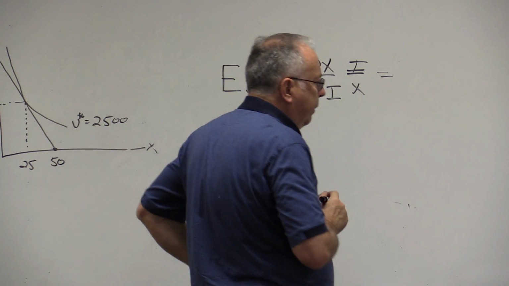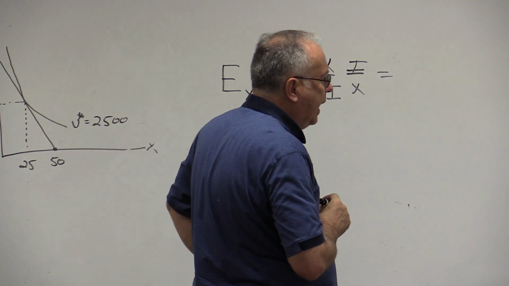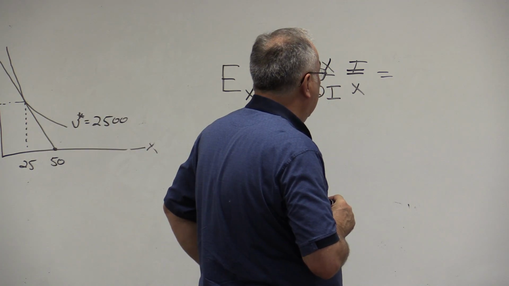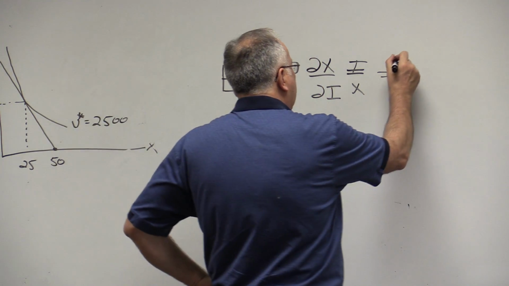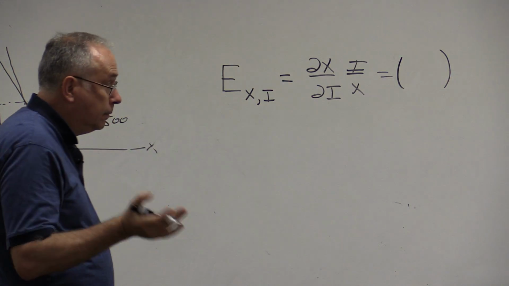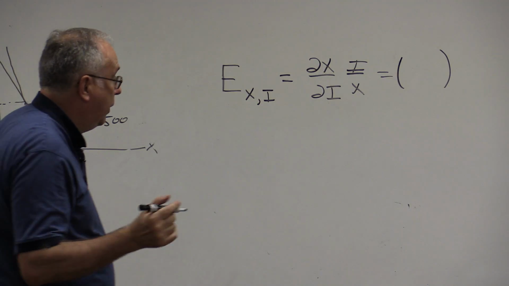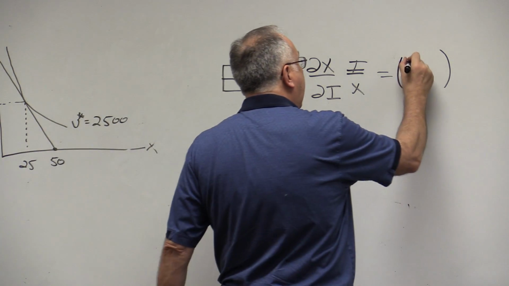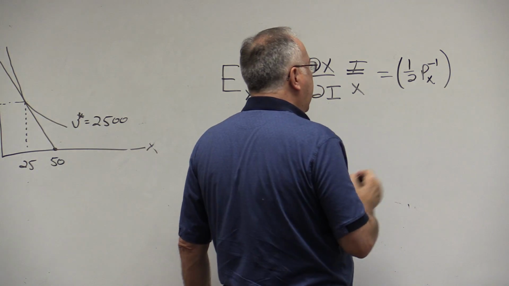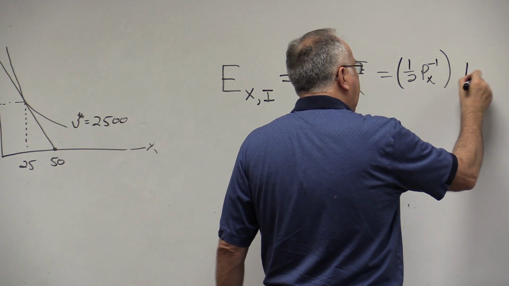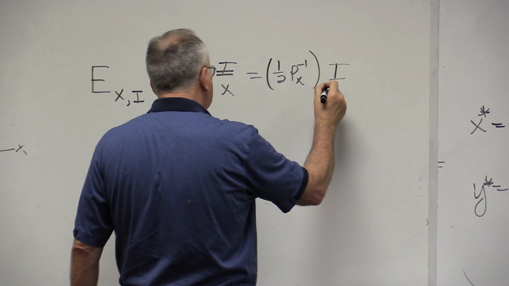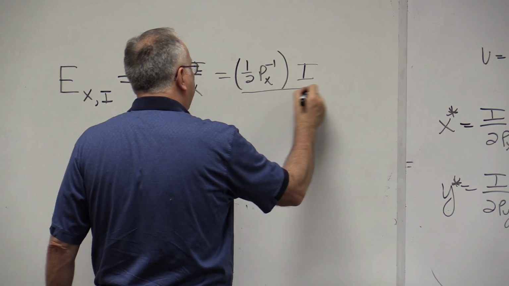What is partial X, partial I? It's just 1/2 times Px to the minus 1. Now, multiply this by I over X. And I'll just put the X down here.